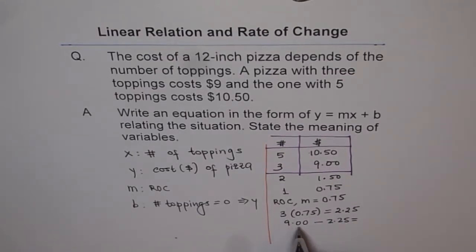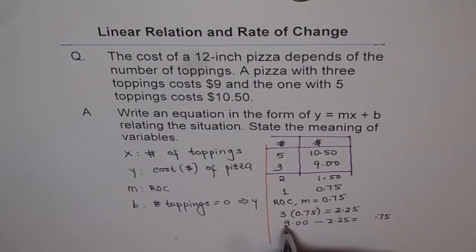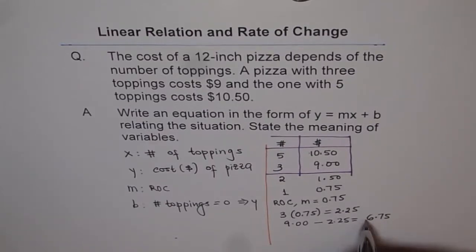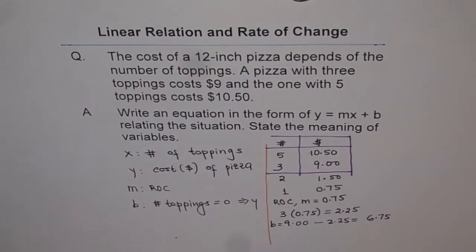So I do 9 take away 2.25. I borrowed 1 from here, so it is 8 here; 8 minus 2 is 6. So I get $6.75 as the value of b, which is pizza without any topping, correct? And now we can put all these things together and write down our equation.